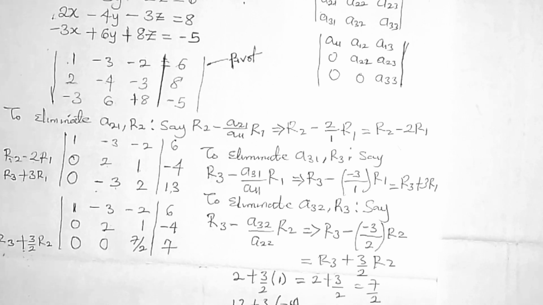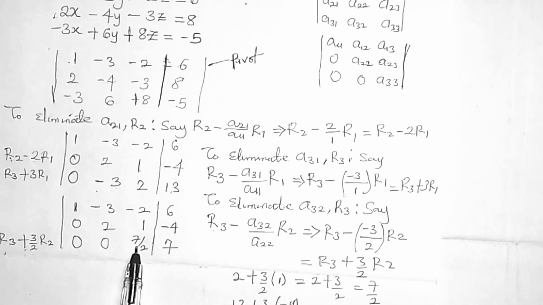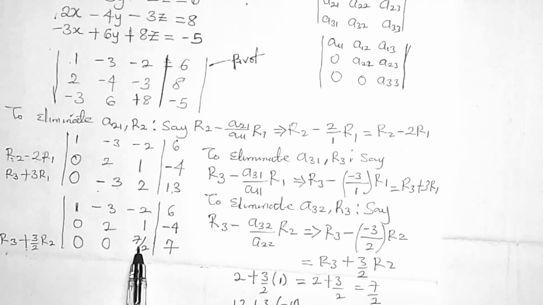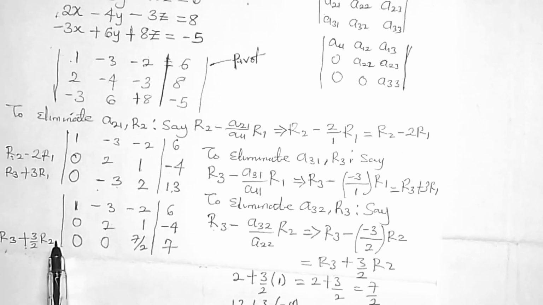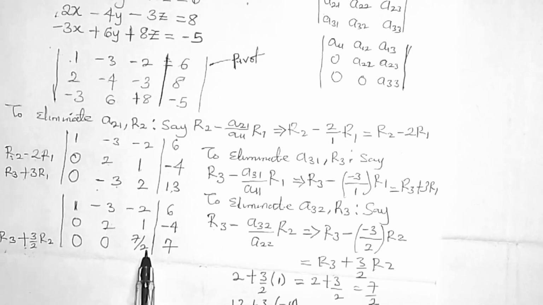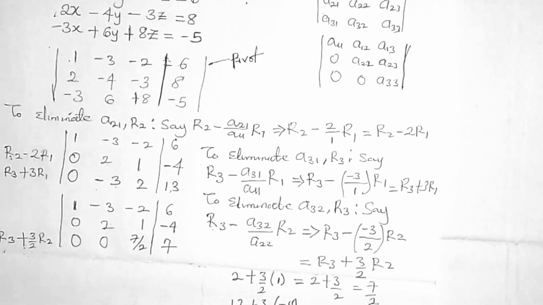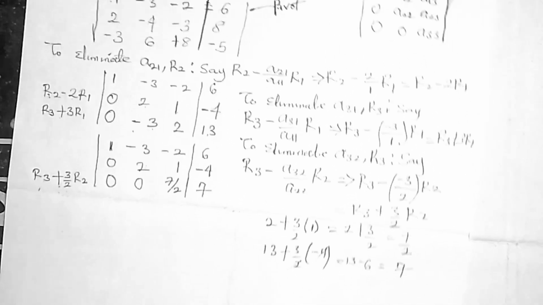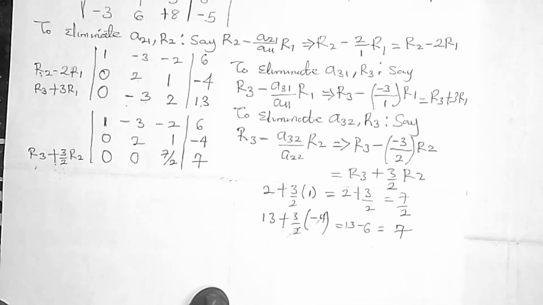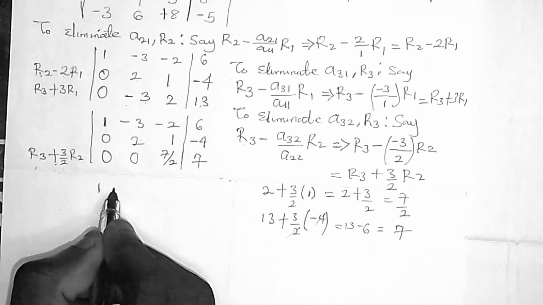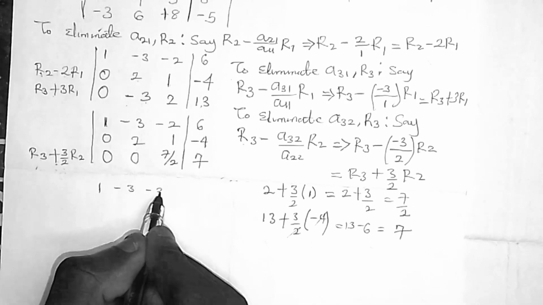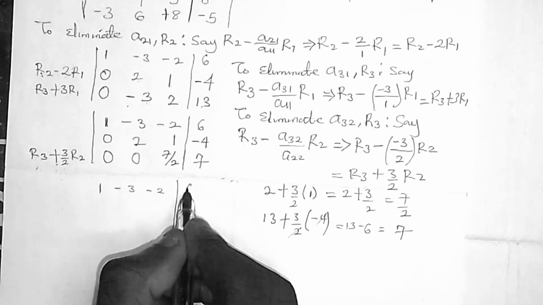So the next thing to do is to finish up. If you notice, I have a fraction here. How will I make this fraction leave? You say multiply 2 by 2. If you multiply everything on row 3 by 2, what will you be having? You will have 1 minus 3 minus 2, and then 6.